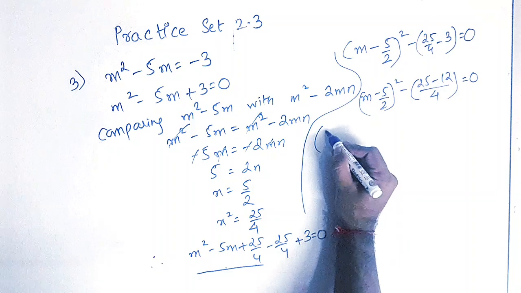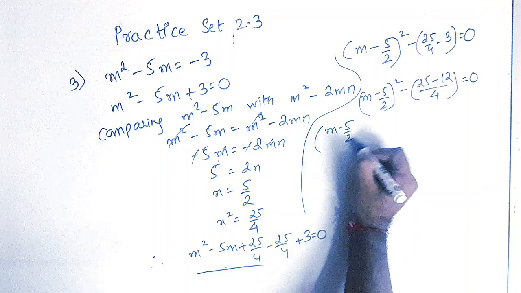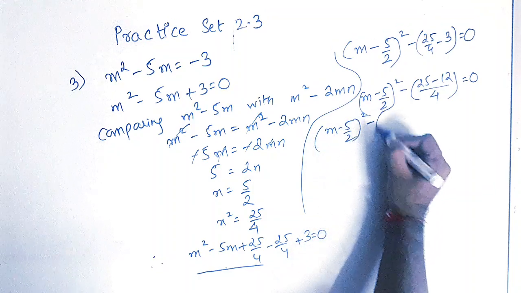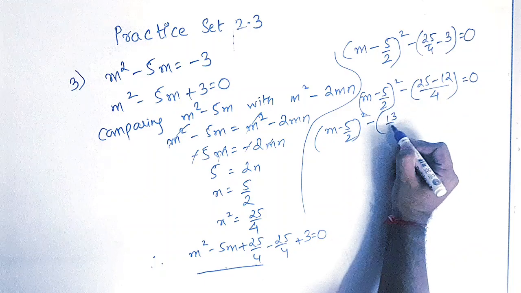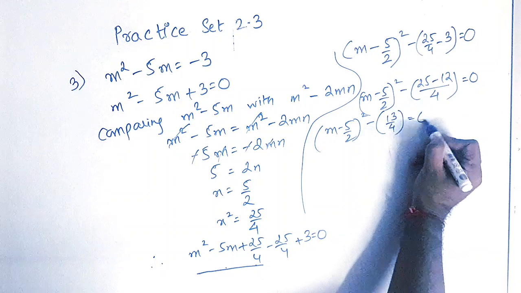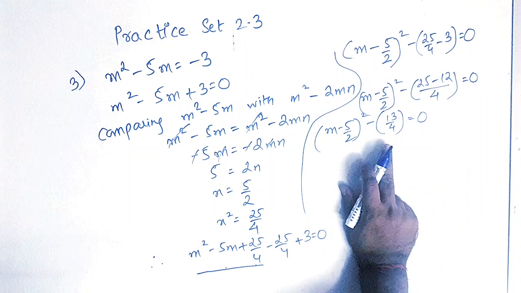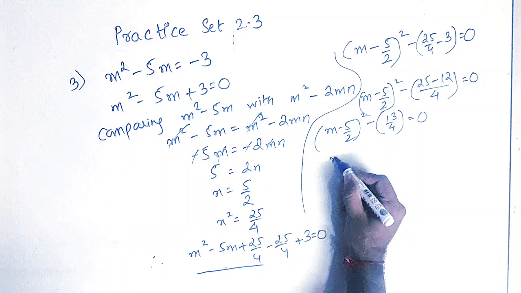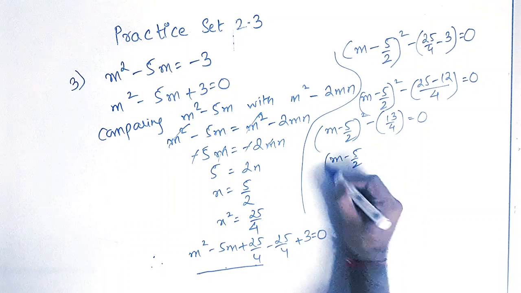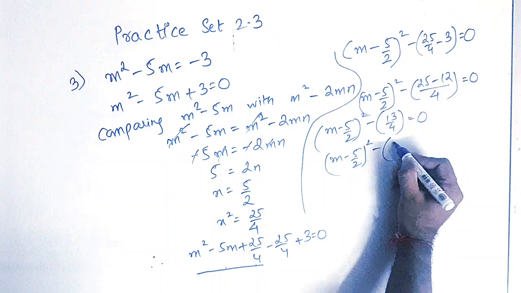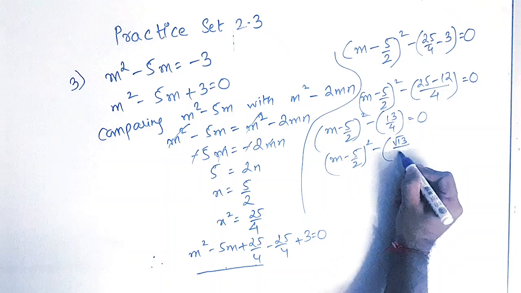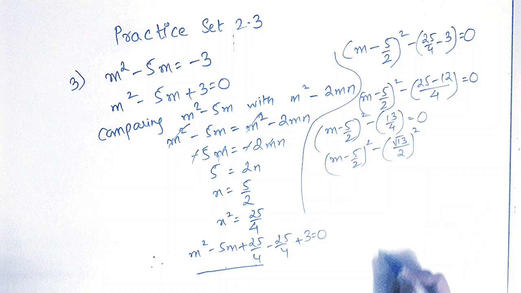So m minus 5 by 2 the whole square minus this becomes 13 by 4 equals 0. Okay, now we want to convert this into root. So m minus 5 by 2 the whole square minus this will become root 13, 4 will become 2, the whole square equals 0.